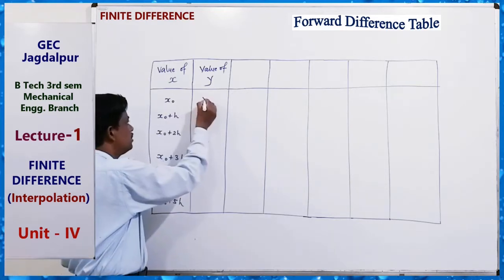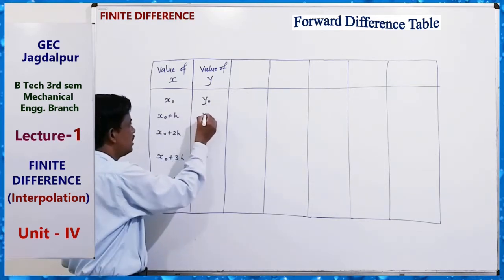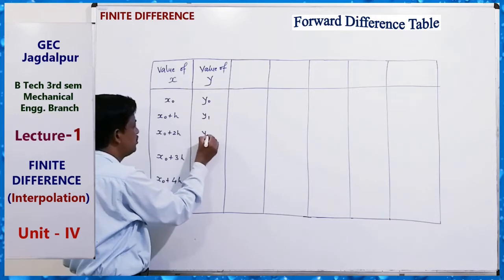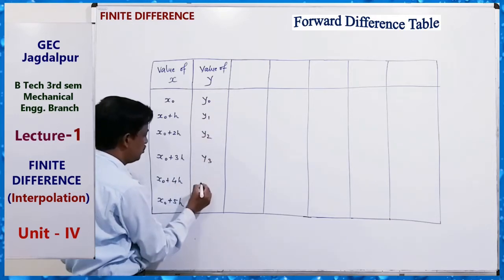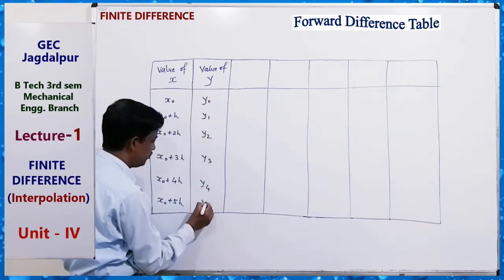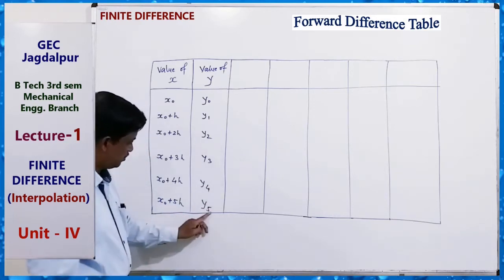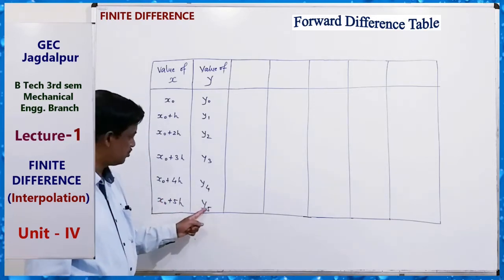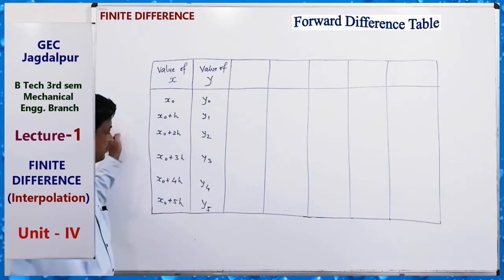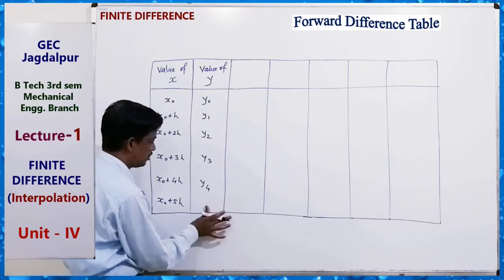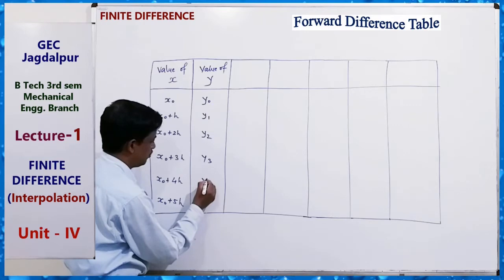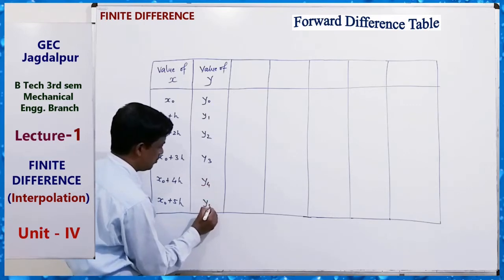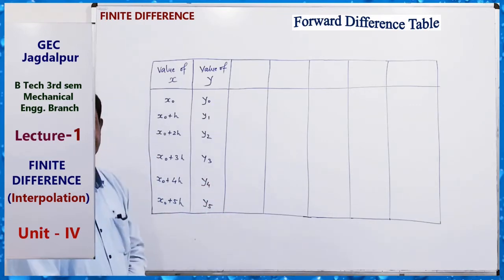The corresponding values we write as y1, y2, y3, y4, y5. It means totally this, but we just denote it like this. Clear? y4 and y5, these are the values.